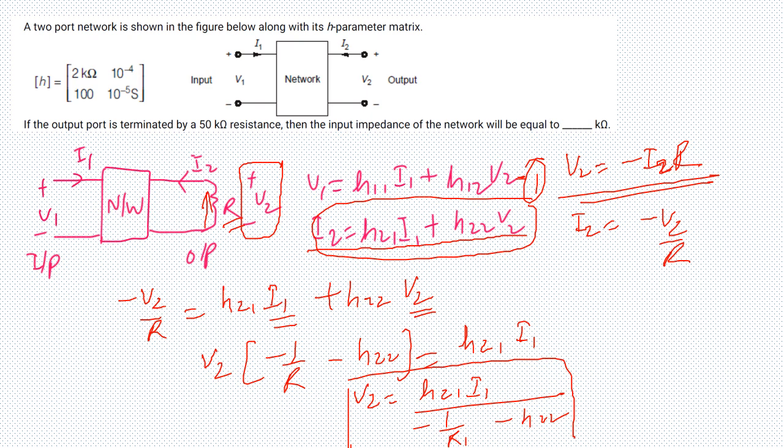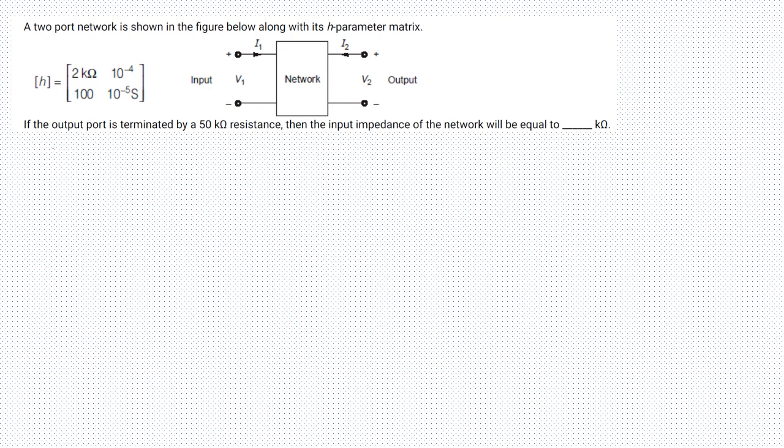Let us calculate V2 now. As previously, V2 is equal to H21 over minus 1 by R minus H22, into I1. I will put all the values now. H11 is 2 kilo ohms. This is H11, this is H12, this is H21, this is H22.